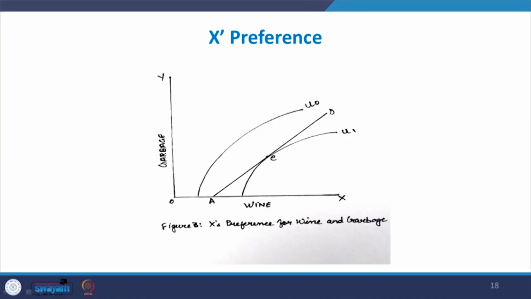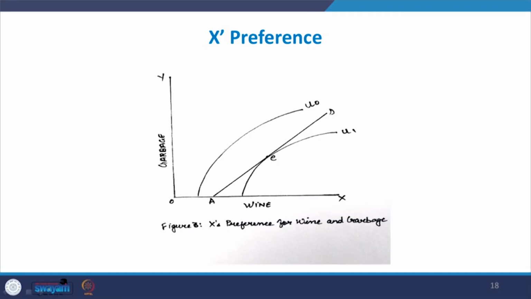From this X indifference curve, U0 and U1 clearly indicate that the higher the indifference curve, the higher the level of satisfaction, and here E1 is the optimum point where the consumer is consuming the optimum quantity of garbage and wine.